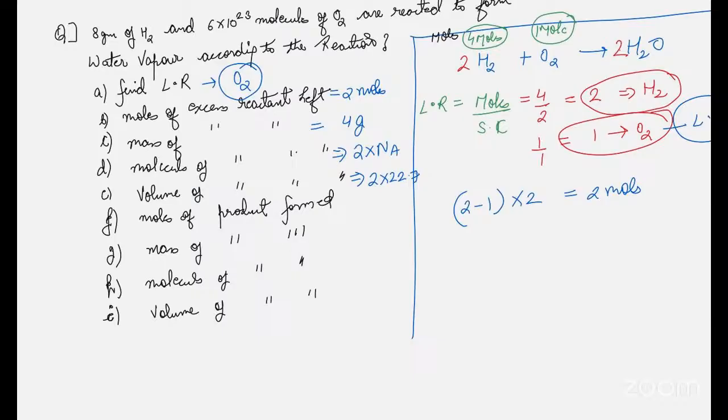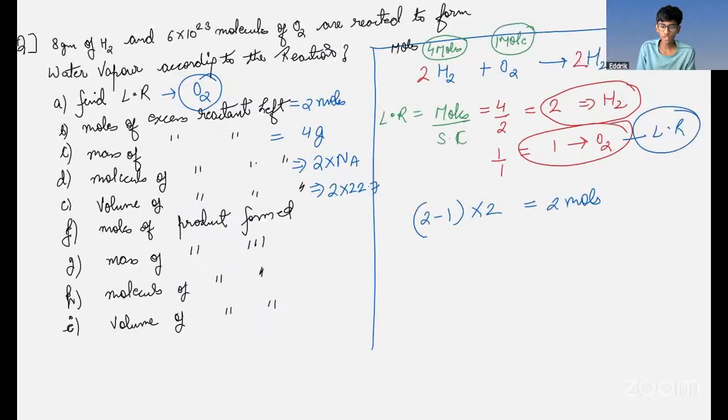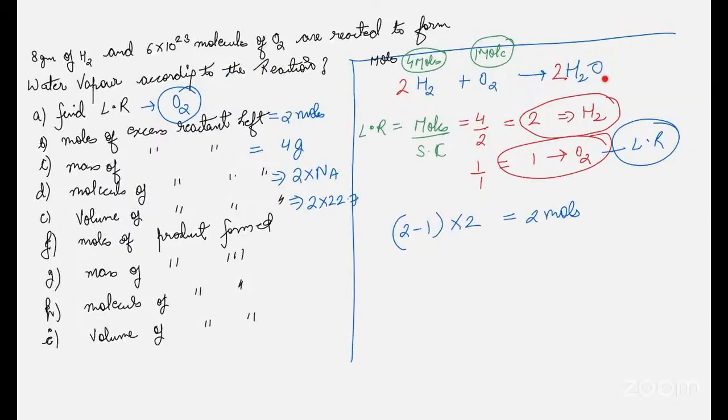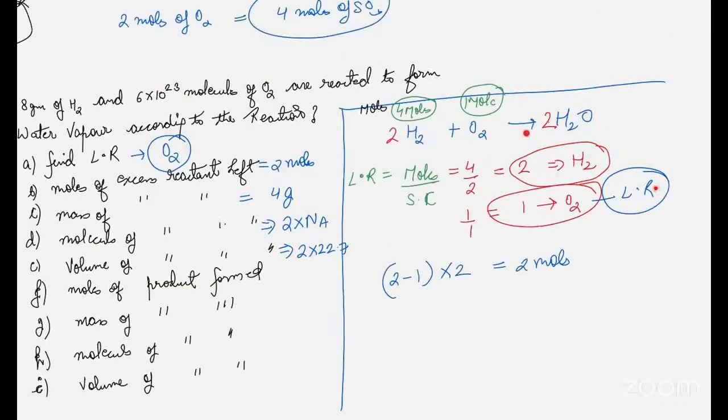Now, how many moles of product is formed? The product is H2O. How much is formed? You have to use the oxygen method. That means 1 mole of oxygen gives 2 moles of H2O.